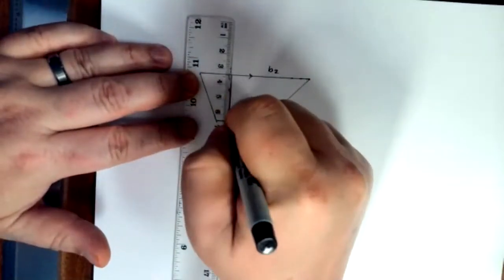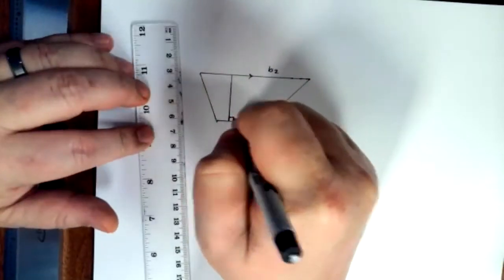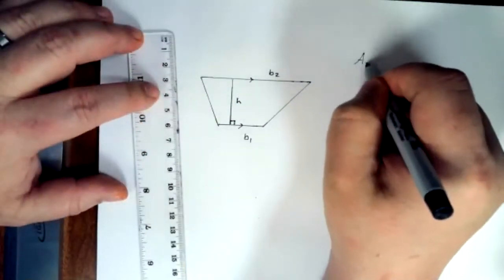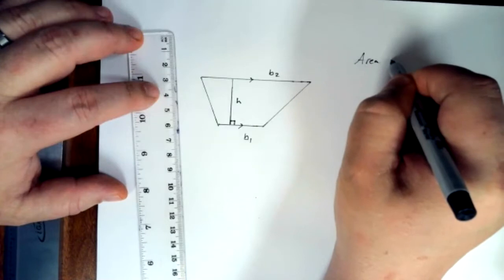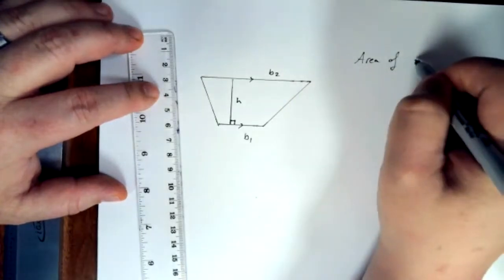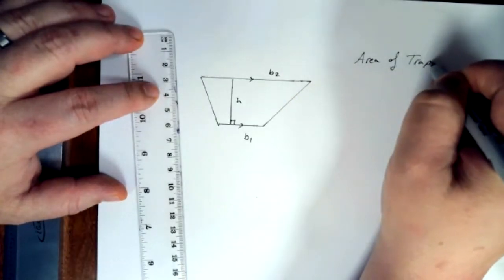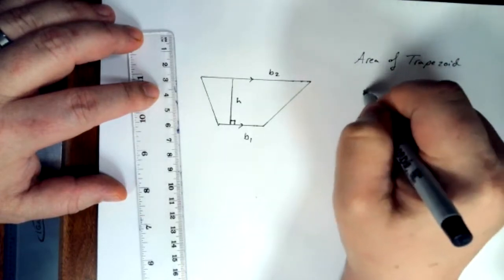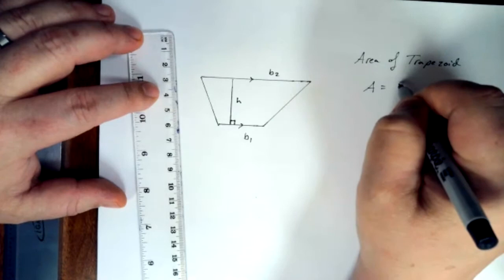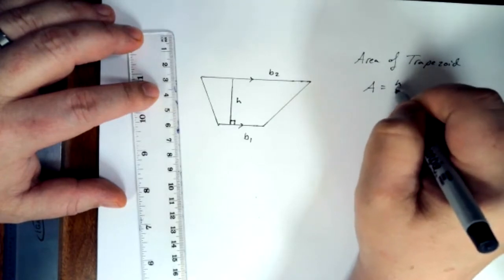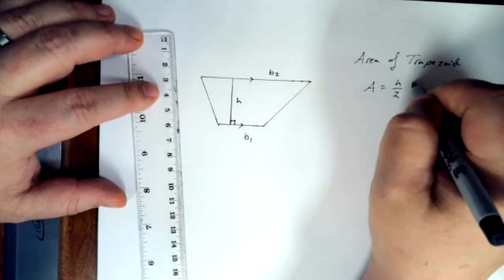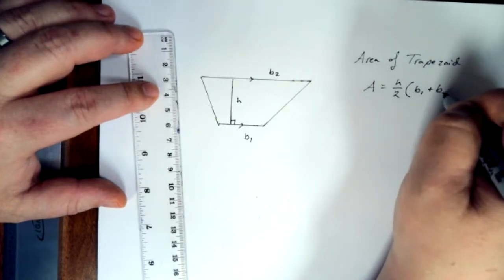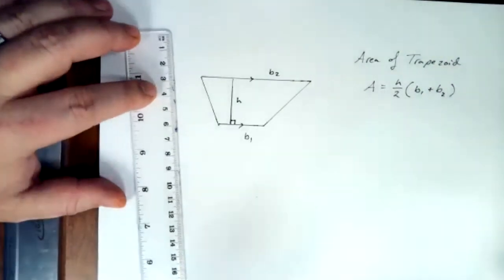And we have the height. And the area of a trapezoid is the height divided by 2 times the sum of the two bases.